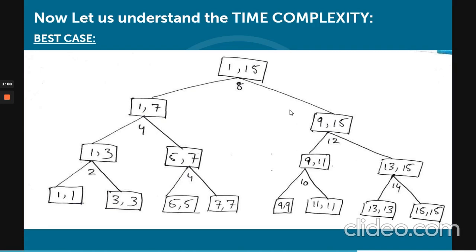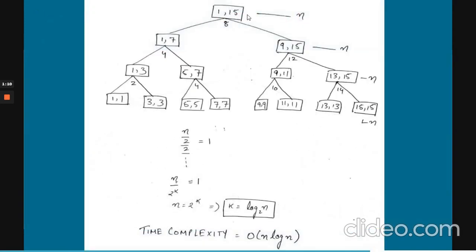How? We'll see. In each step, n elements are taken, right? So n here. But we are dividing this n elements into two parts. So n by 2, again n by 2 here, again n by 2 here. So we are dividing that n by 2, by 2, by 2, as we can see here.